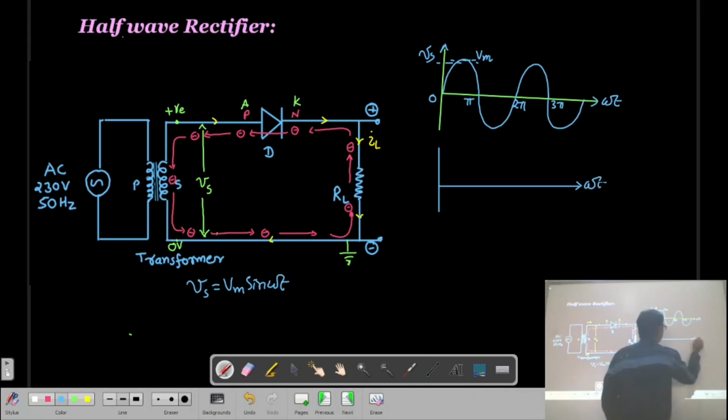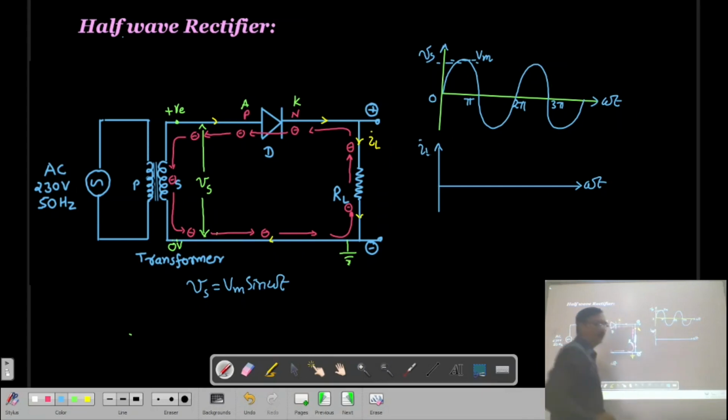This is omega t, and you are talking about the load current IL. As my input voltage will increase, then naturally according to Ohm's law, the current IL will also increase. If the input voltage decreases, the IL will also decrease.